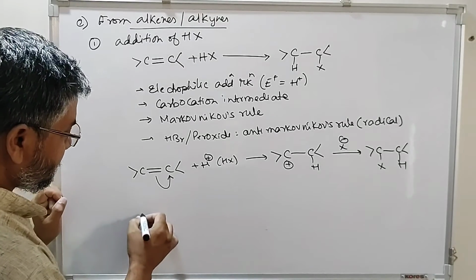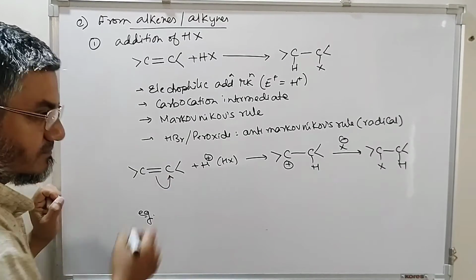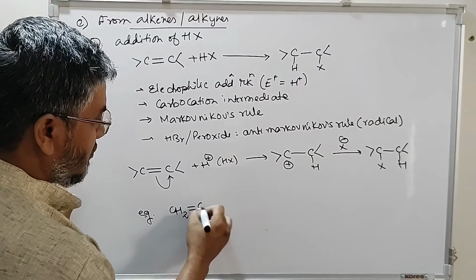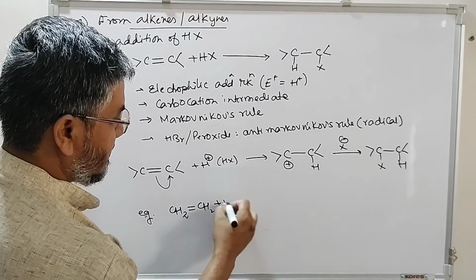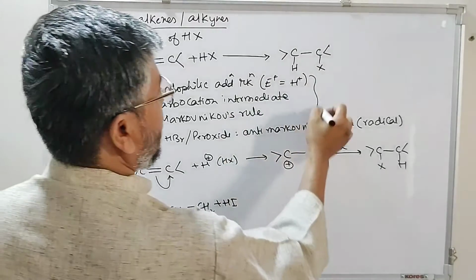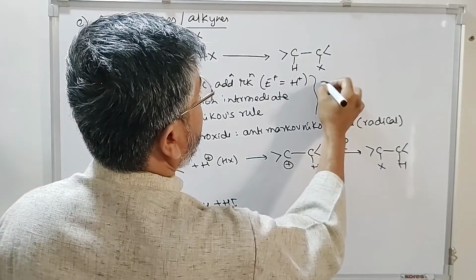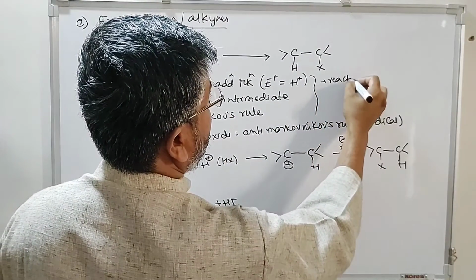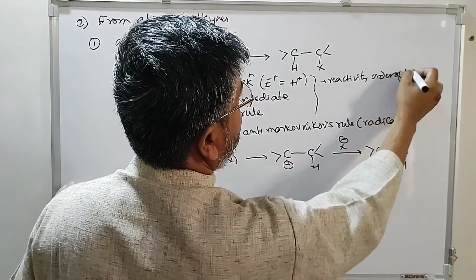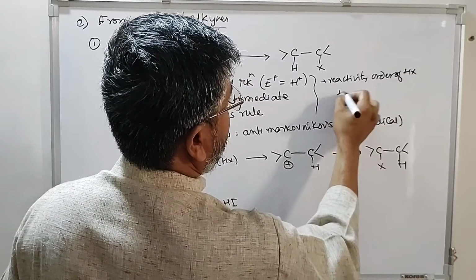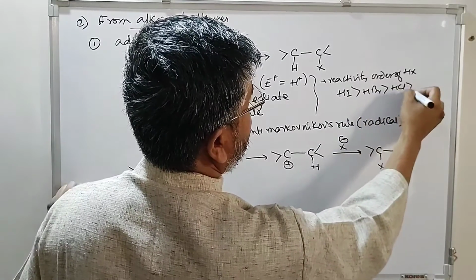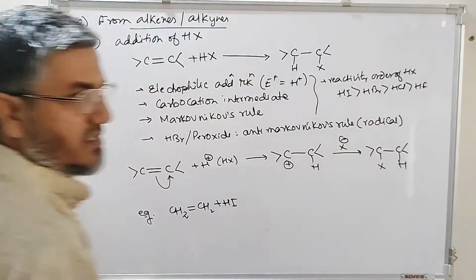Example is CH2 double bond CH2 reacting with HI. Again look at this, one more thing: the reactivity order of HX is HI, HBr, HCl, HF, which is the acidic strength order.